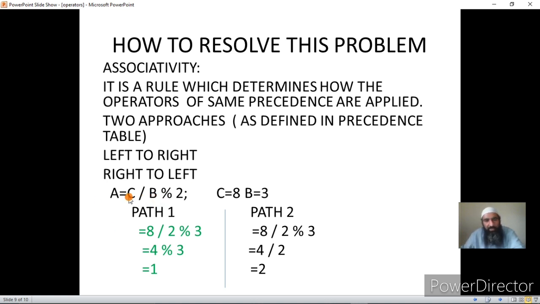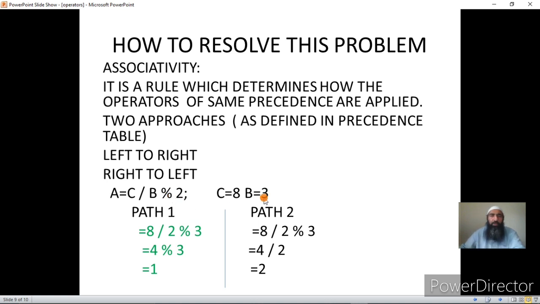That is, instead of writing in this order, you can write B mod 2 divided by C, but you should write it in the correct order. There is no way to break the associativity rule, except writing the same expression in a different order.